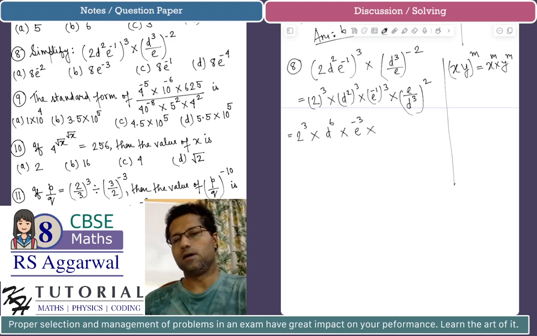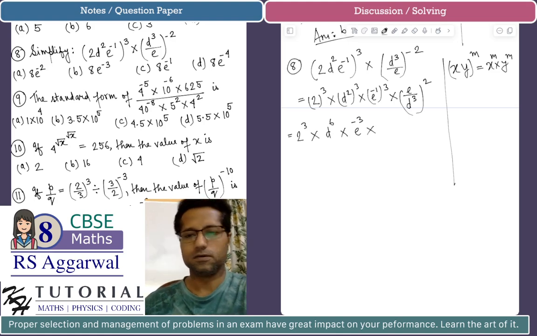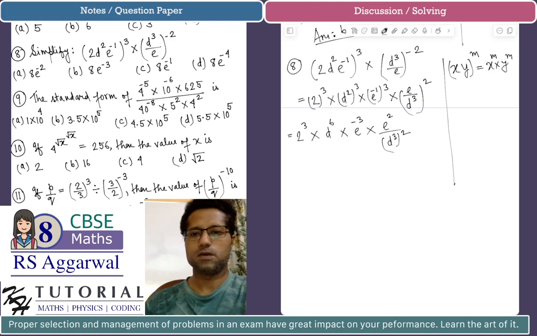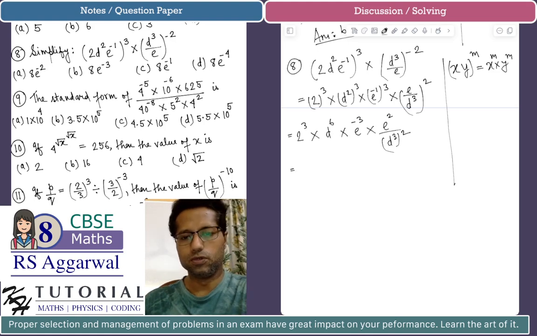If we express that in rational numbers, it will become e square by d cube square. So this is equal to 2 cube is 8.